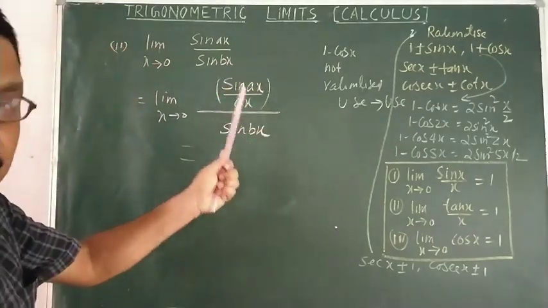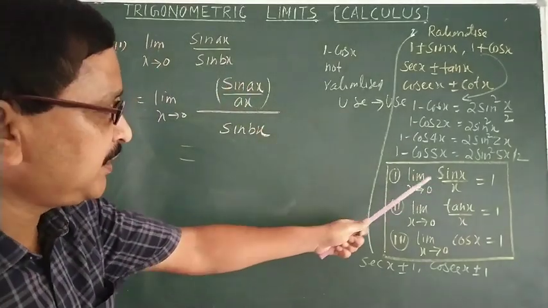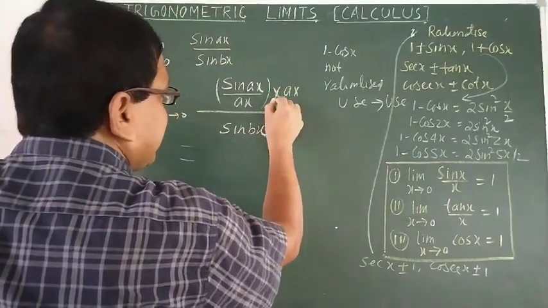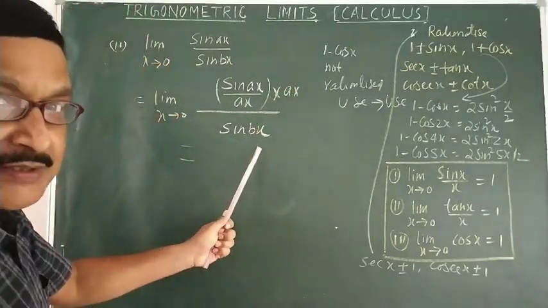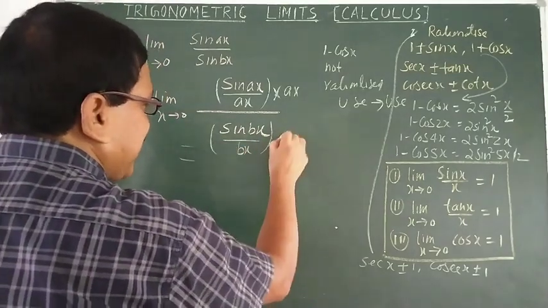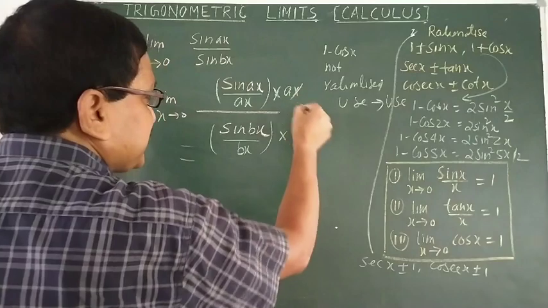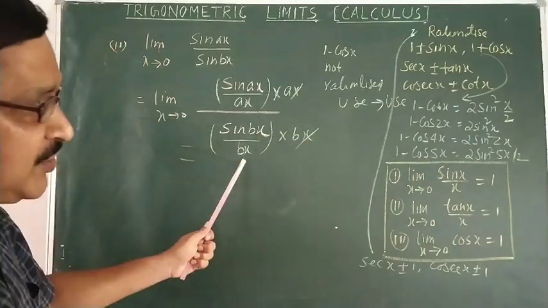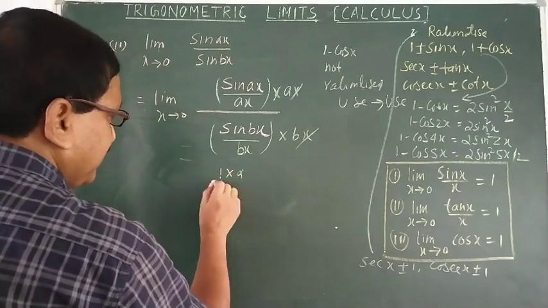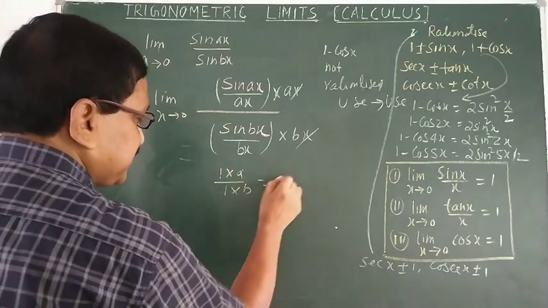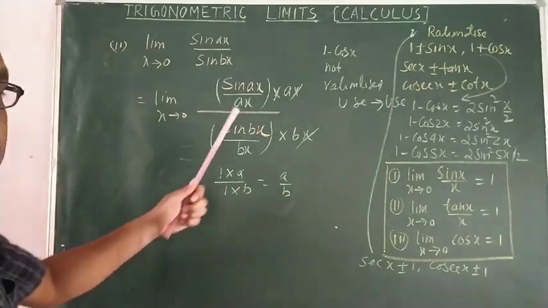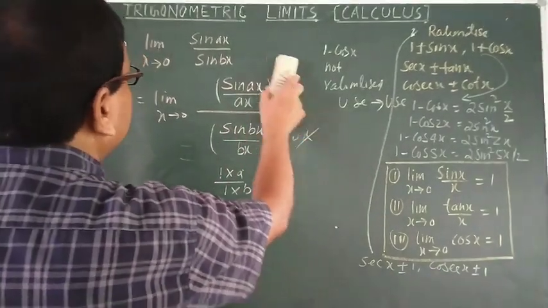Only then it will be 1 according to the definition of the limit, and for this ax must be multiplied. Likewise for sin bx, the bottom should be bx, and you multiply by bx here. Now x cancels and this is 1, this is also 1. So 1 into a by 1 into b, so this is a by b. The answer is over.